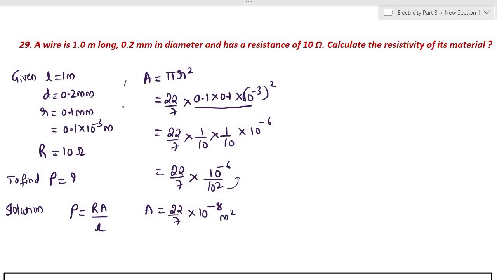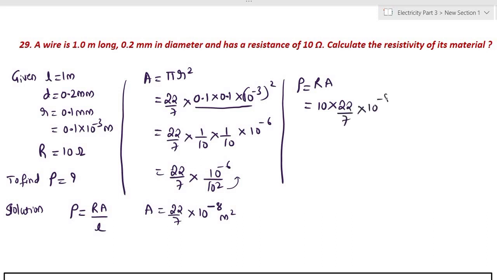In order to find the resistivity, I have to use this formula. Rho is equal to RA divided by L. What is R here? 10 ohm. And what is the area of cross section? 22 by 7 into 10 to the power minus 8. And what is the formula? RA divided by L. What is the length of the conductor? 1.